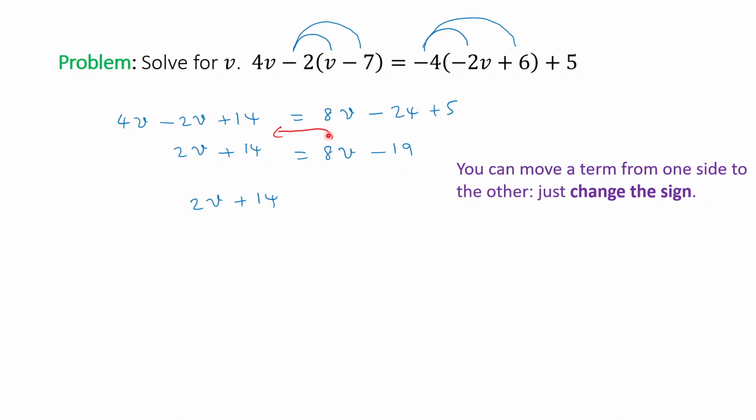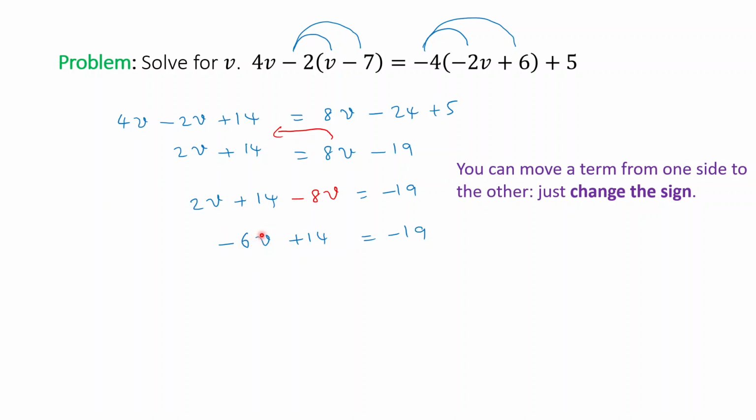Positive 8v becomes negative 8v is equal to, now you have negative 19. Now combine this and this. 2v minus 8v is negative 6v plus 14 is equal to negative 19.